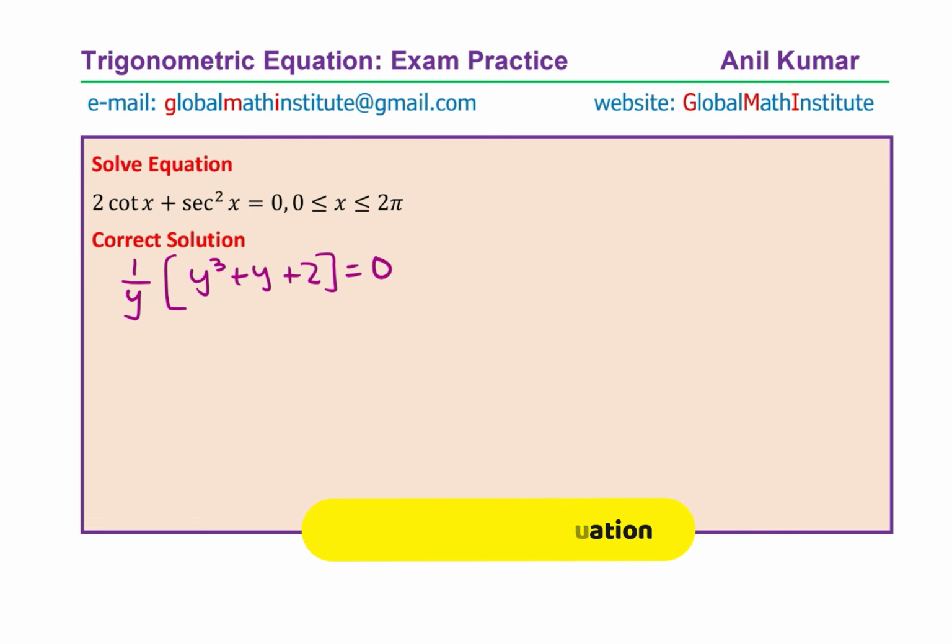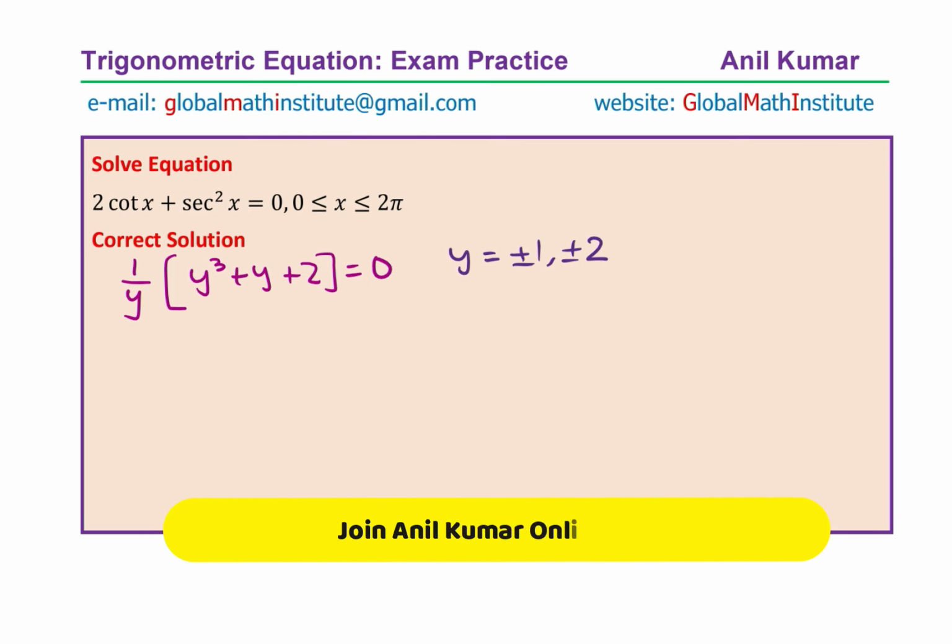Now we can try all factors of 2, right? So y could be equal to plus or minus 1 or plus or minus 2, correct? So we can try these values. Now y equals minus 1 works out, right? If I put y equals minus 1, then we do get a 0.